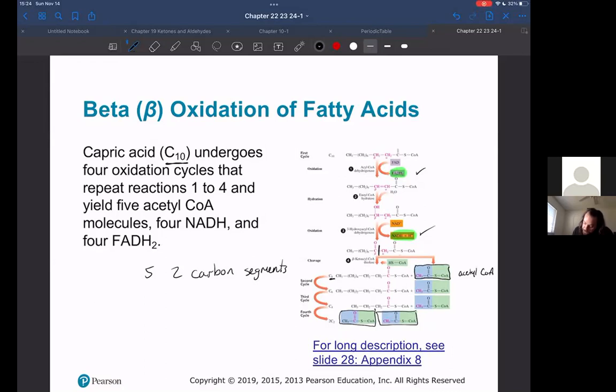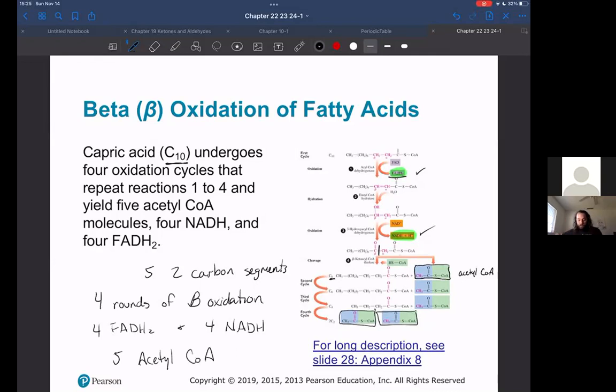That will lead, since each round produces an FADH, I'll have 4 FADH and 4 NADH. And I'll be left with 5 acetyl-CoAs. Right, because each round of beta oxidation produces an acetyl-CoA, and then that final round, I'm left with 2 acetyl-CoAs.